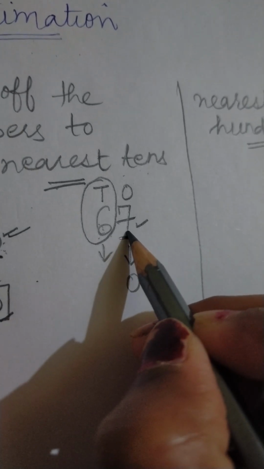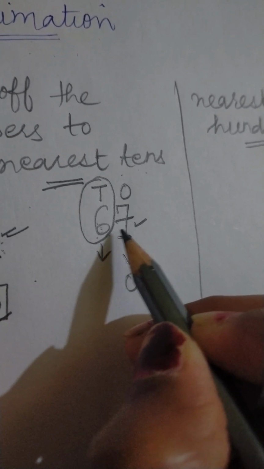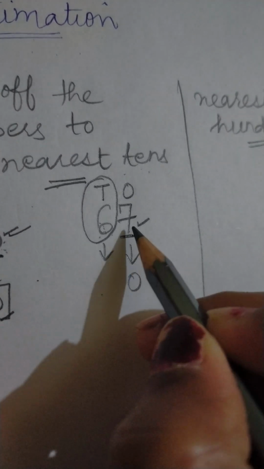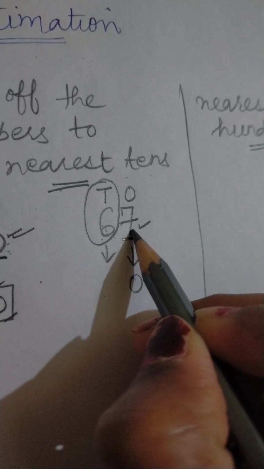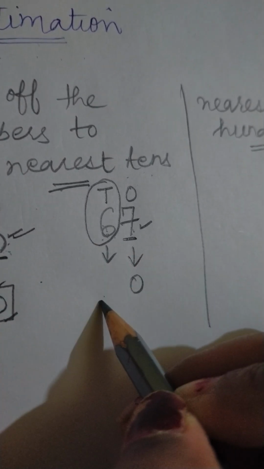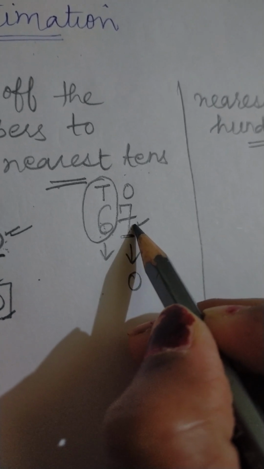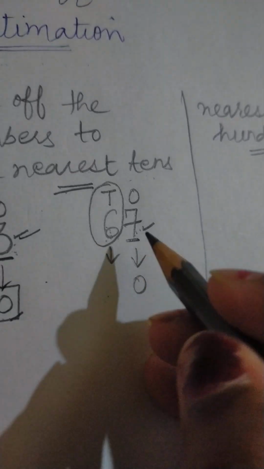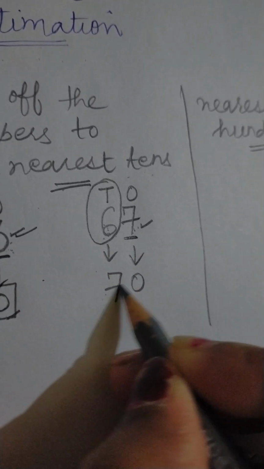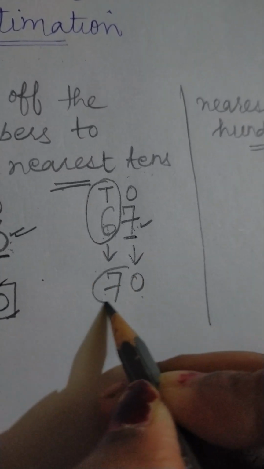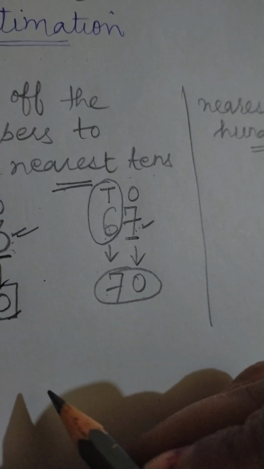If it is 5 or more than 5, the tens digit will become next. If it is less than 5, it will remain the same. Here the ones place digit is 7, which is more than 5, so the tens place digit will become the next digit, so it becomes 70. The answer is 70.